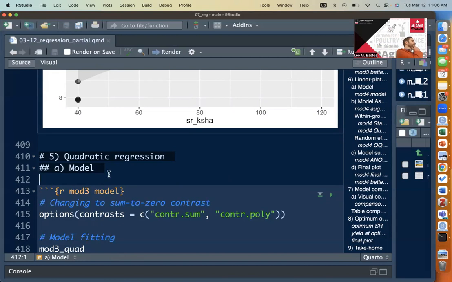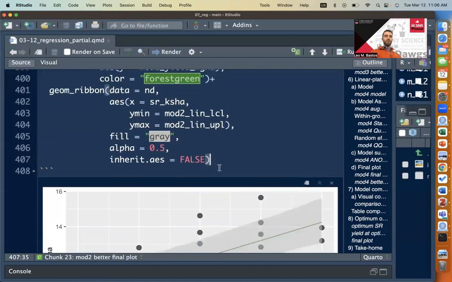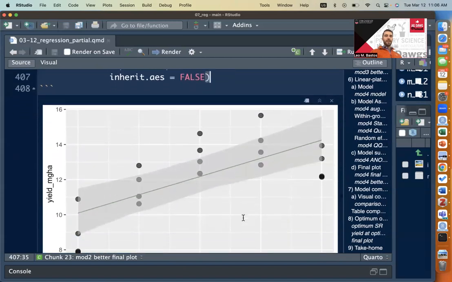Yes. If we try to force the geom smooth to fit a linear model, would the confidence intervals be the same as the ones we calculated with construct? That's a good question. So Jonathan is asking if we can force geom smooth to fit the same model that we're training, would the confidence levels be the same?